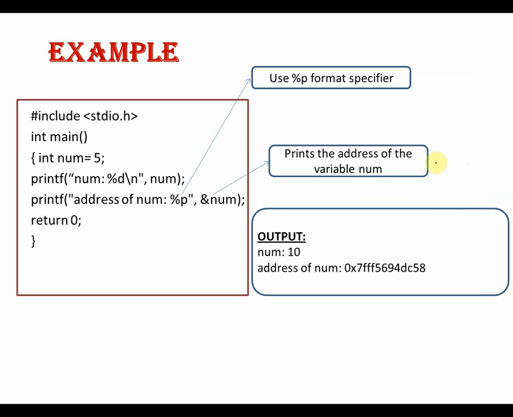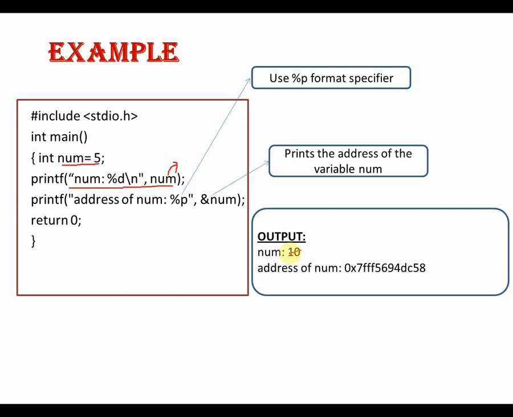Let's move on to the next thing. Let us see one example. Now this is one simple code which prints the number num. So suppose we initialize num with 5, and we print this num, it will print 5, of course.